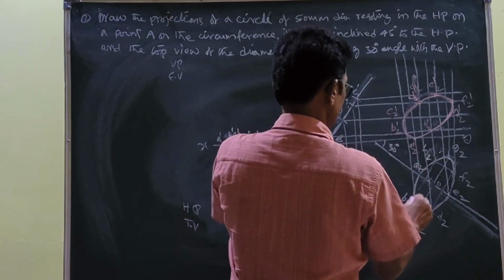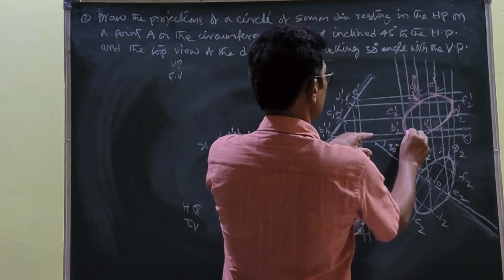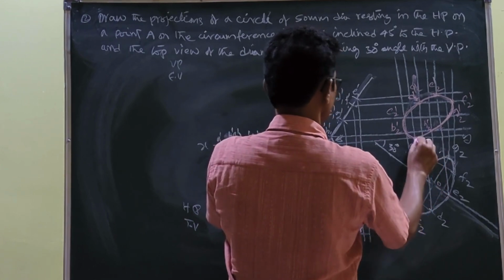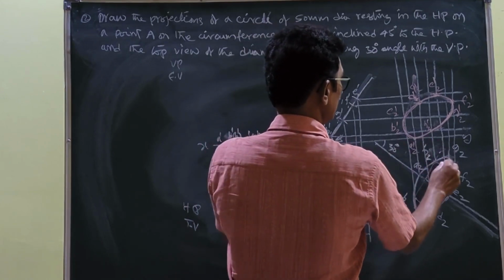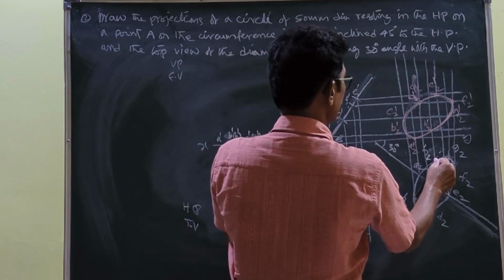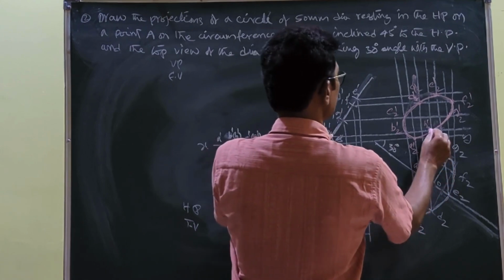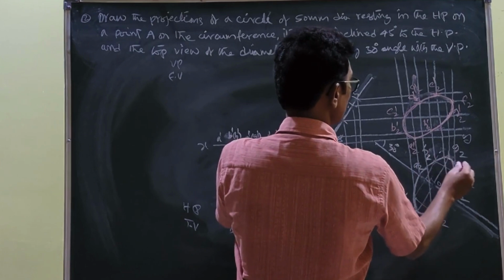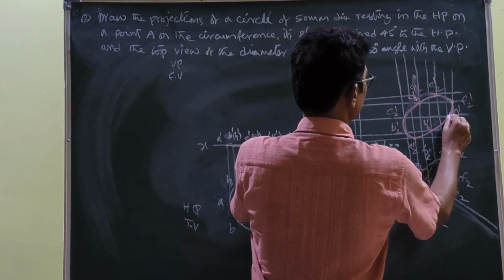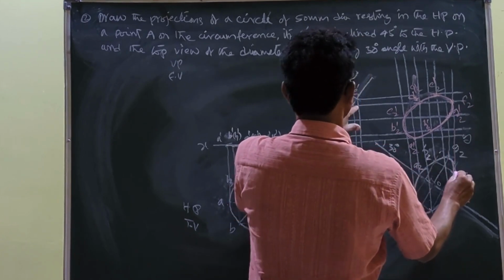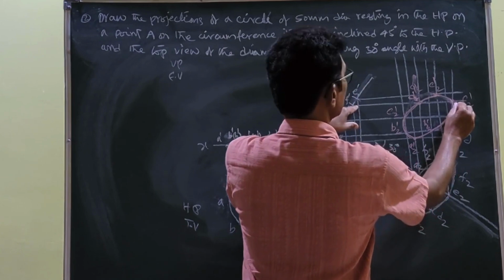C2 dash, B2 dash, A2 dash. Next to H, this is the H, they met here, H2 dash. G, they met here, G2 dash.